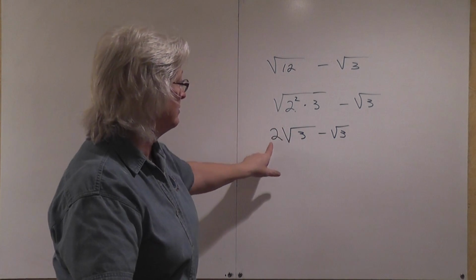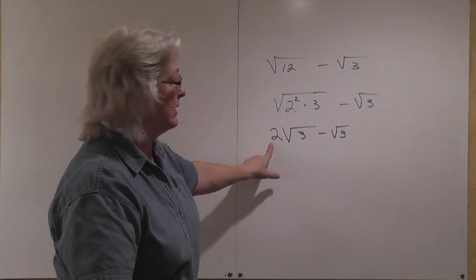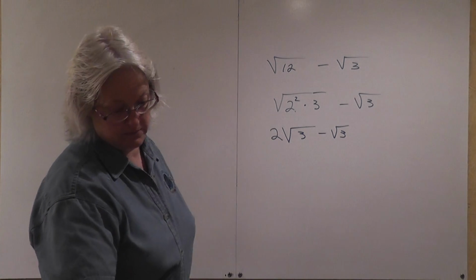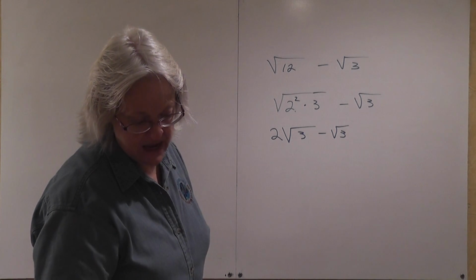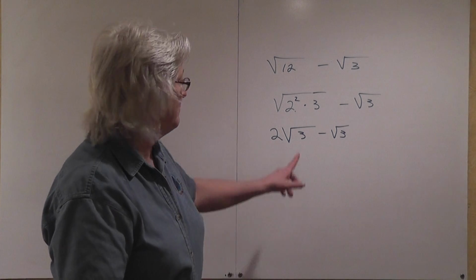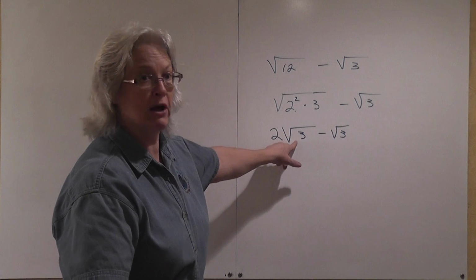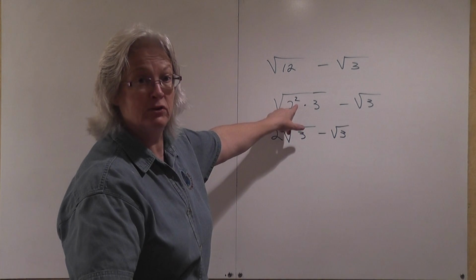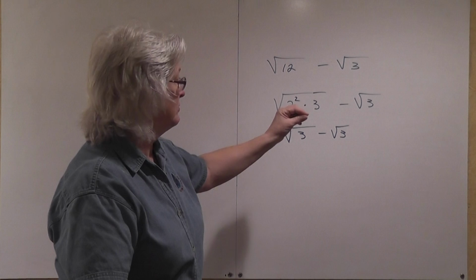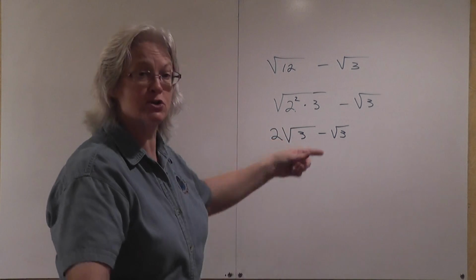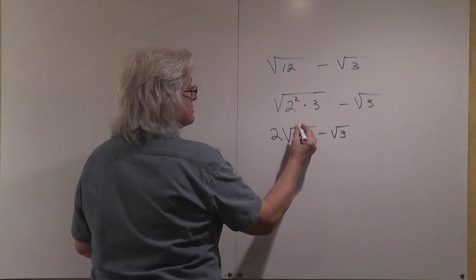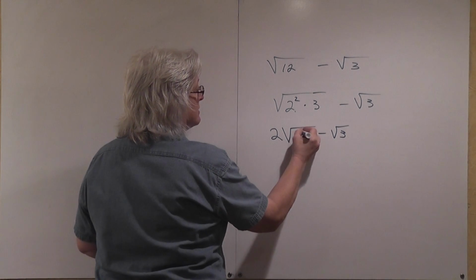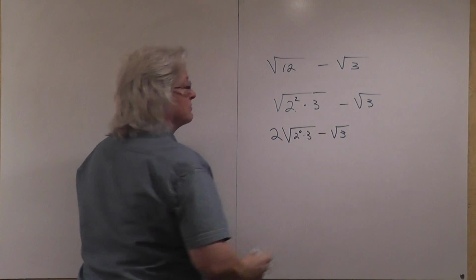So we have a factor outside the radical sign with an exponent of 1. And the remainder becomes the exponent on the prime factor inside the radical sign. 2 divided by 2 is 1, remainder 0. So there's actually a factor that we're not seeing here, 2 to the 0 times 3.